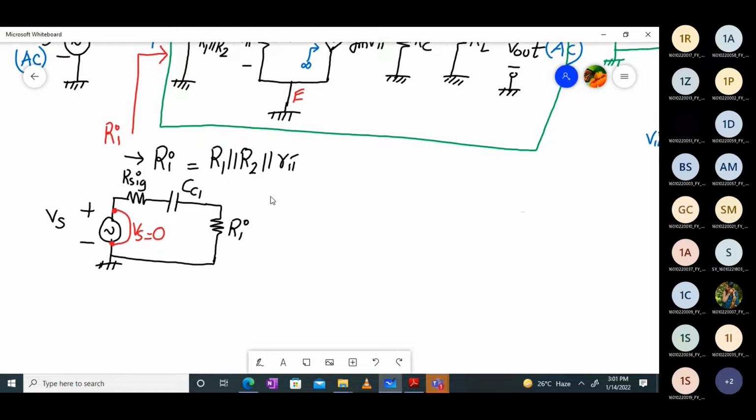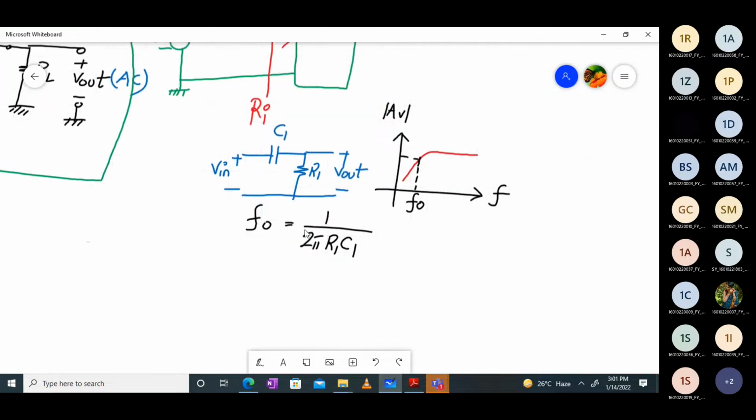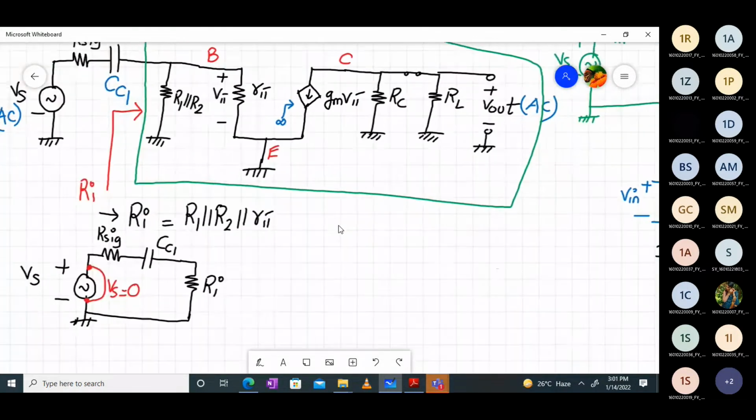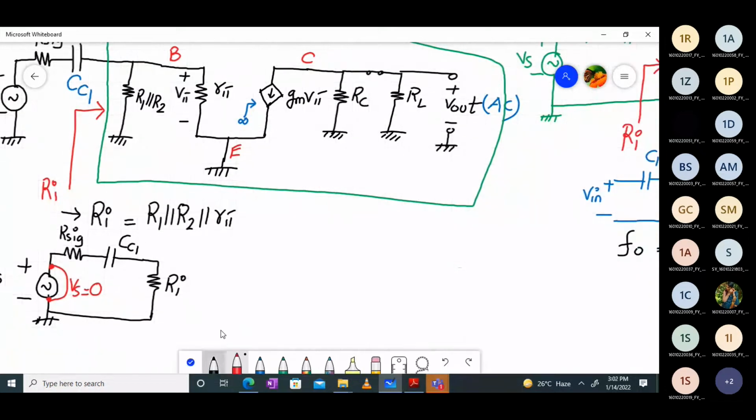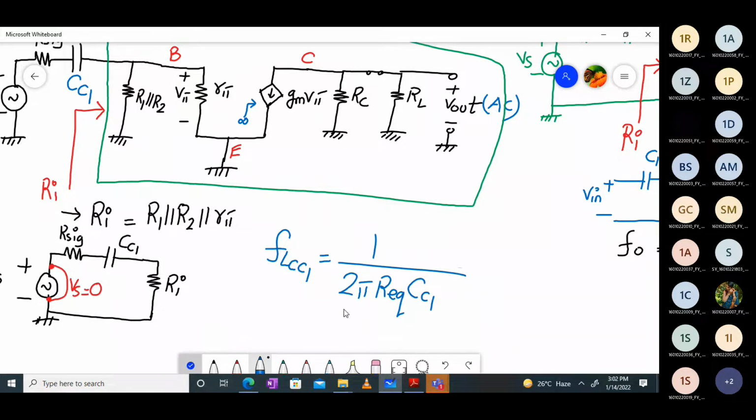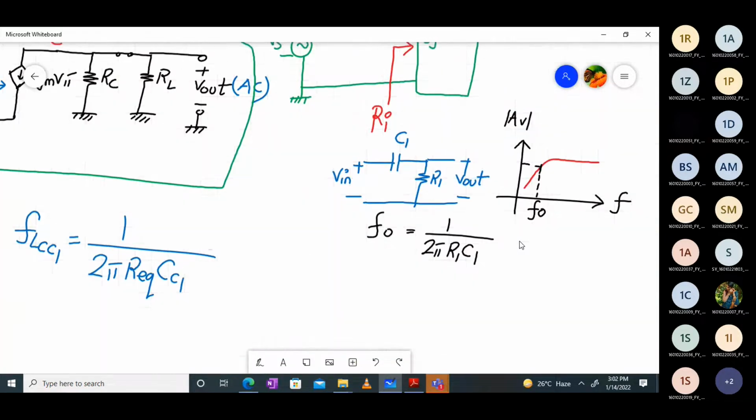Now if I apply the concept that f0 is 1 upon 2 pi R1 C1, what will be the formula for FL of CC1? It will be given by 1 divided by 2 pi R equivalent into CC1. Okay, just a name, just a terminology.